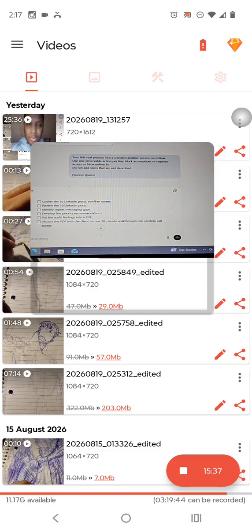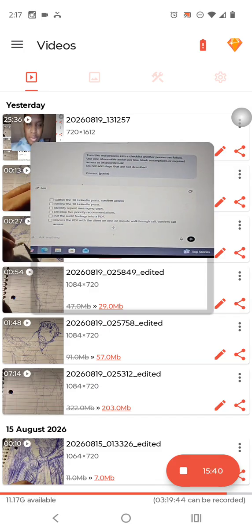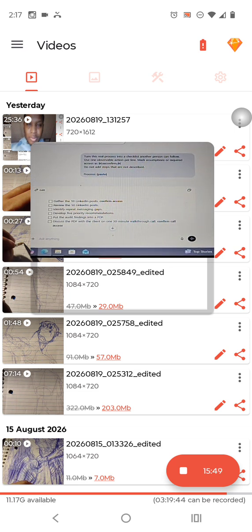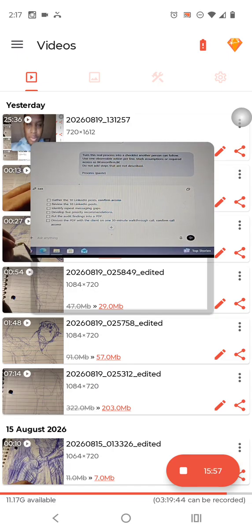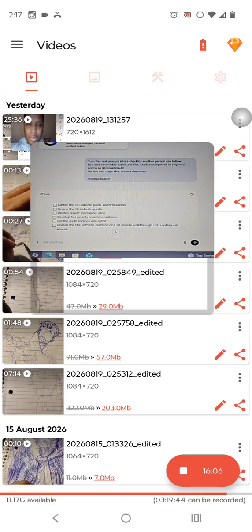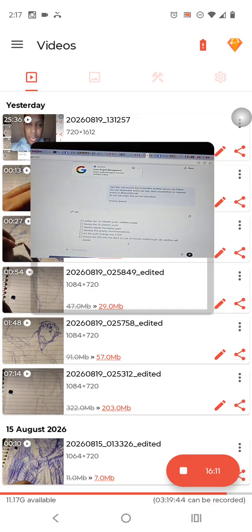So the answer is: gather 10 LinkedIn posts and confirm access. Review the 10 LinkedIn posts. Identify repeat messaging gaps. Develop 5 priority recommendations. Put the audit findings into a PDF. Discuss the PDF with the client on a 30-minute walkthrough call, and confirm call access.